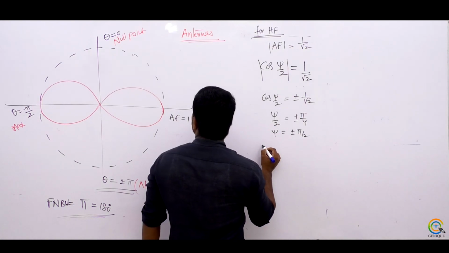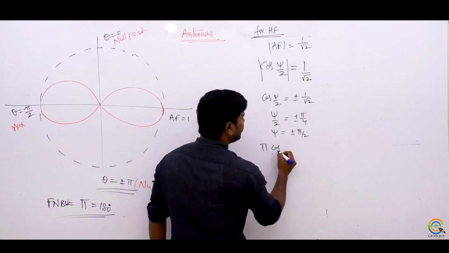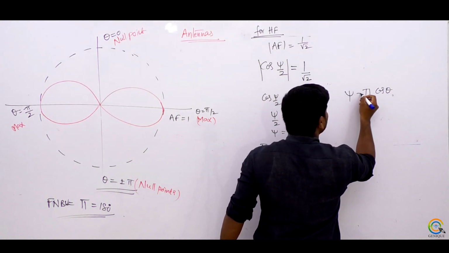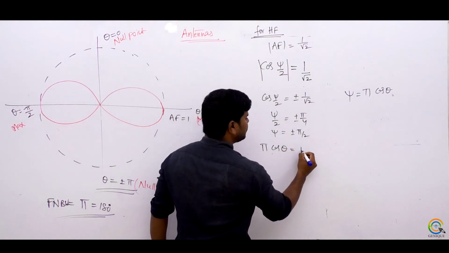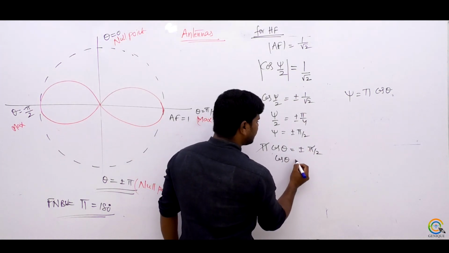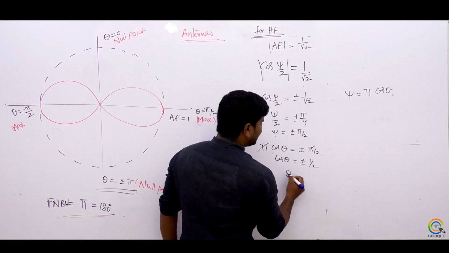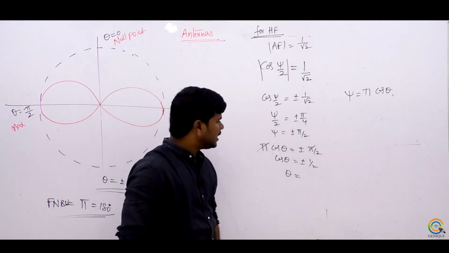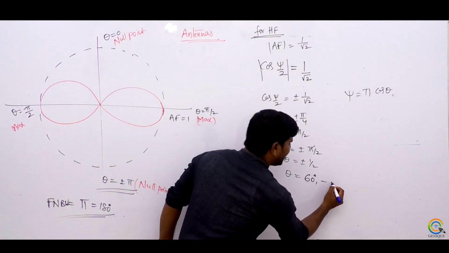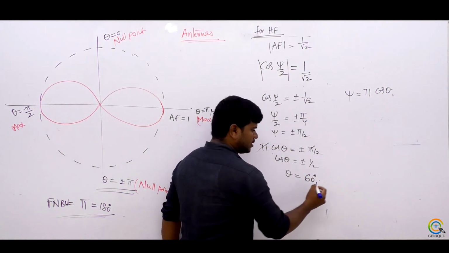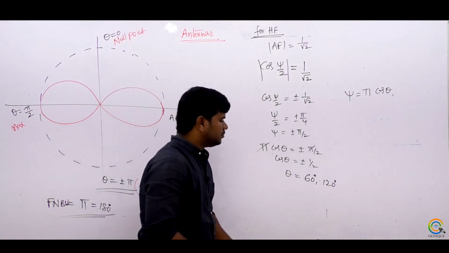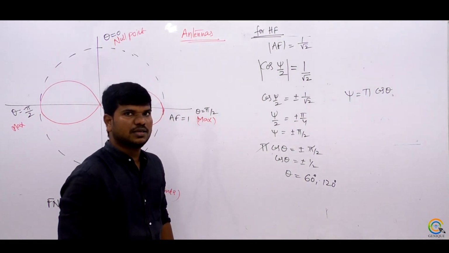Pi gets cancelled. Cos theta equals plus or minus 1 by 2. So here theta equals what? If we solve this, theta is equal to 60 degrees and 120 degrees.